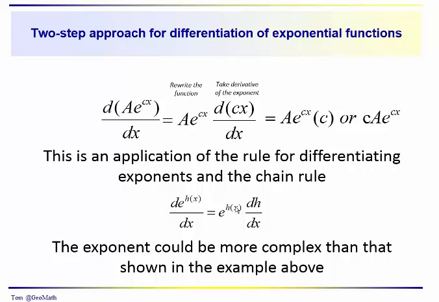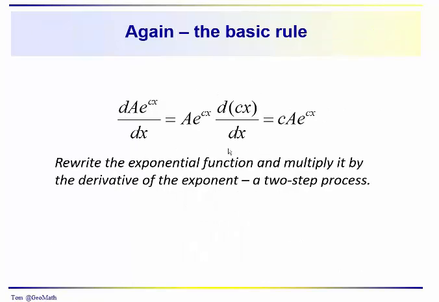We have e to the h of x, whatever h of x is, and then we differentiate h with respect to x and multiply the two together. So that's the basic rule for exponential differentiation, and it works out pretty simply. You just have to remember there are two factors in the derivative: the original exponential function times the derivative of the exponent.